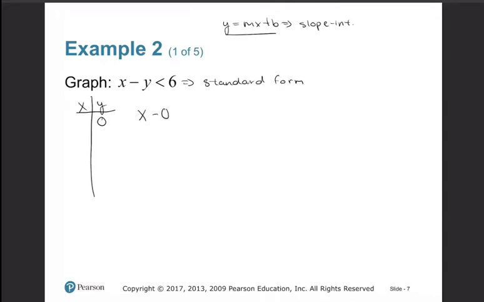Take advantage of it. So if I allow y equals 0, then I have x minus 0 is less than 6. So I have that x. So that's what we have. Now let's allow x equals 0. So 0 minus y is less than 6.